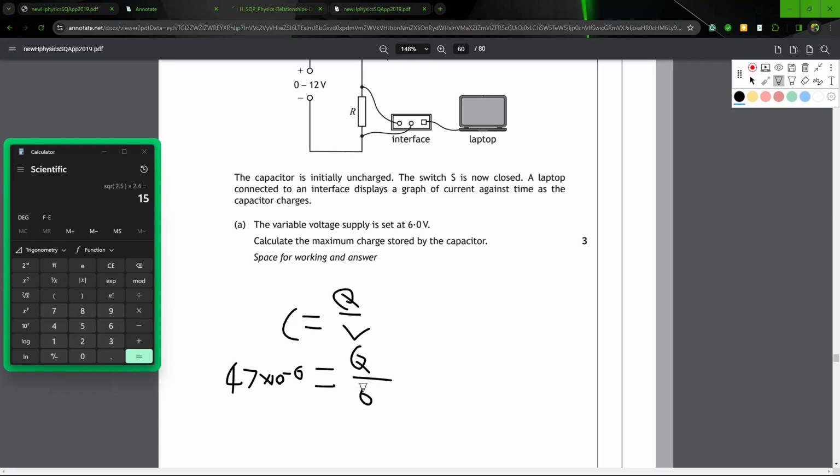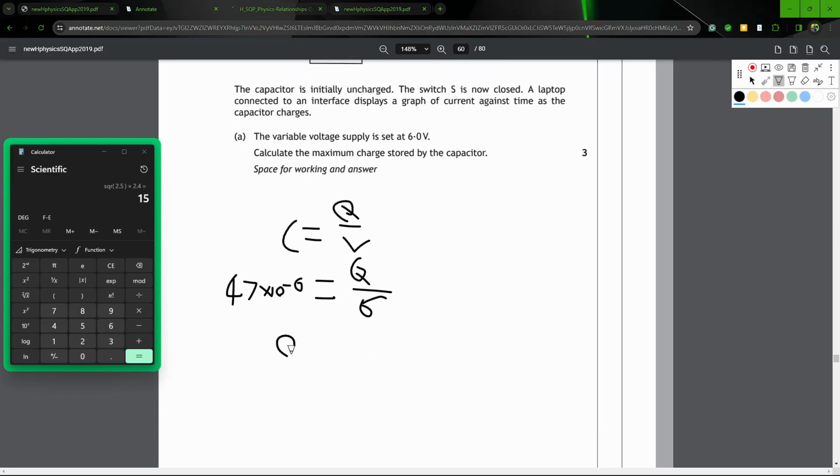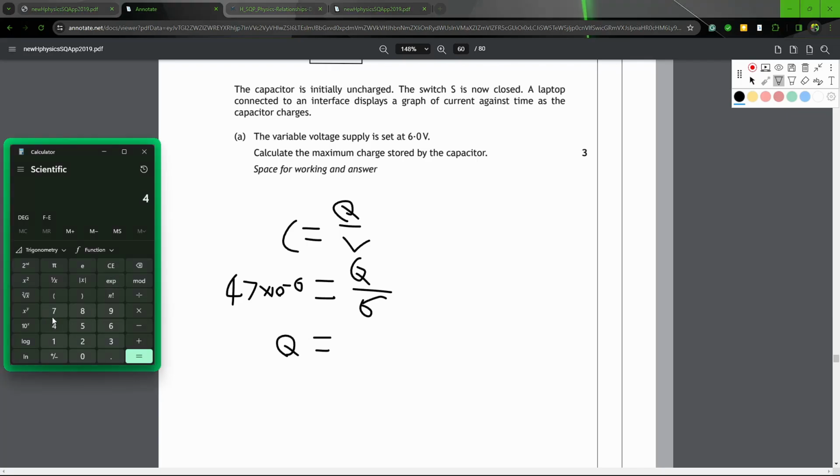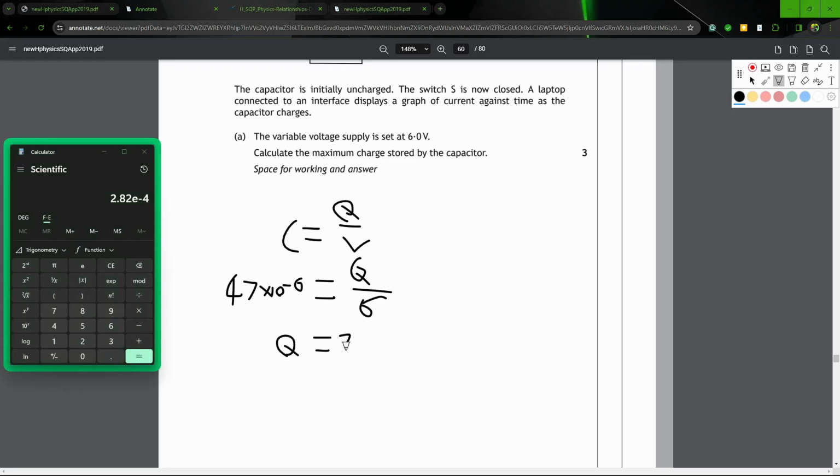So we just times capacitance by 6 and we'll get the amount of charge. And there we go, we've got 2.82 times 10 to the negative 4 coulombs.